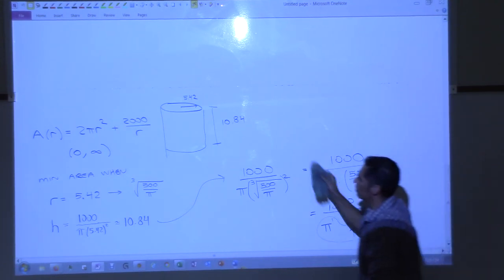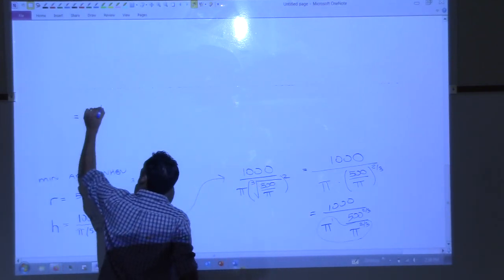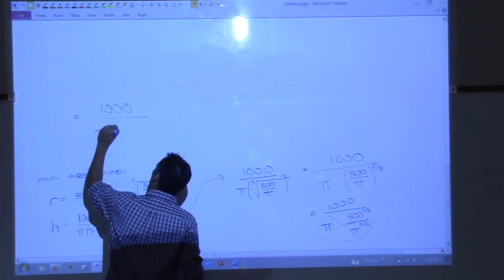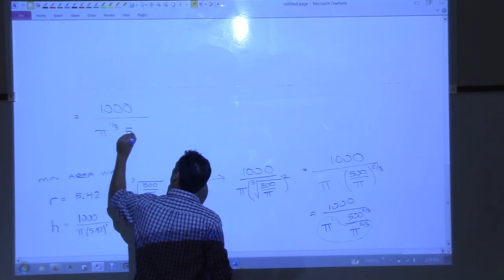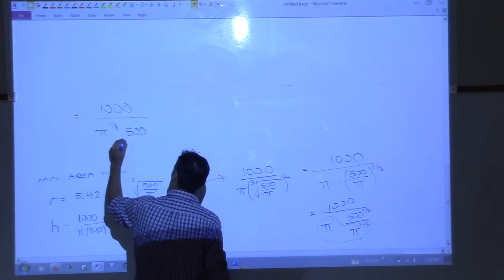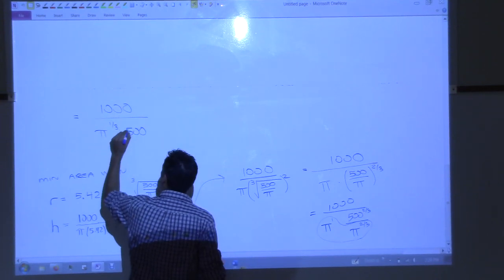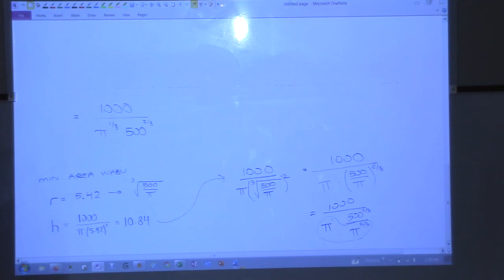I'm going to run out of room. Pi to the 1/3. So I have 1,000 over pi to the 1/3, and then 500 to the 2/3, right? Trying to show you.